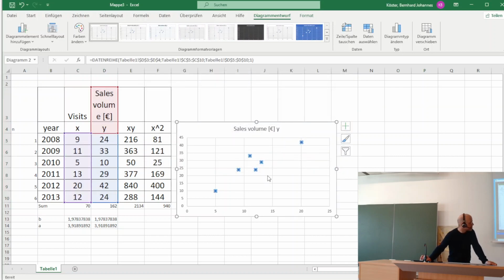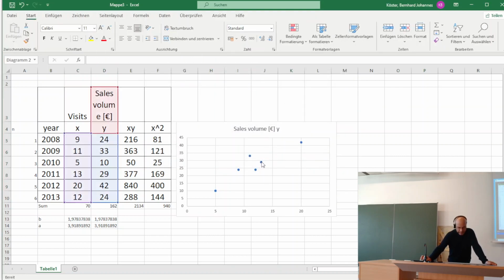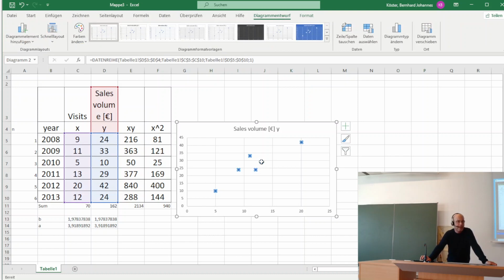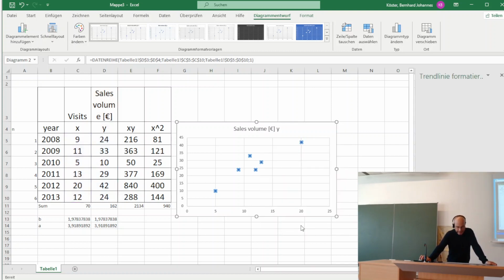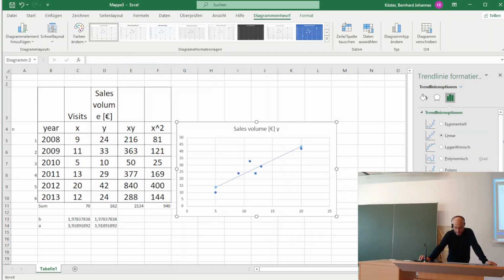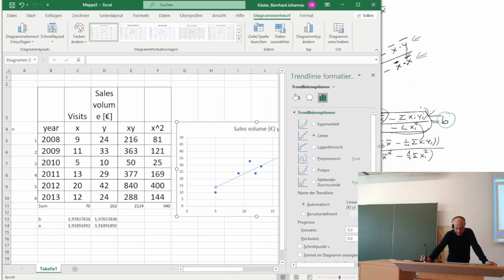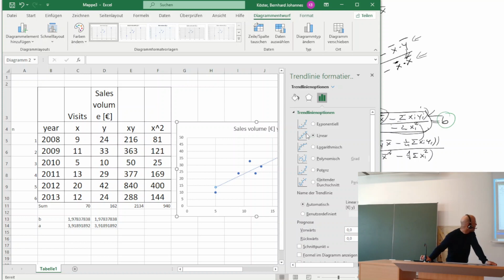And if you have this diagram, you can just click in the data, then right click with your mouse. Then you obtain this menu, and then you have here trend line. Putting trend line, this you don't see. And then you have here to use the option linear.